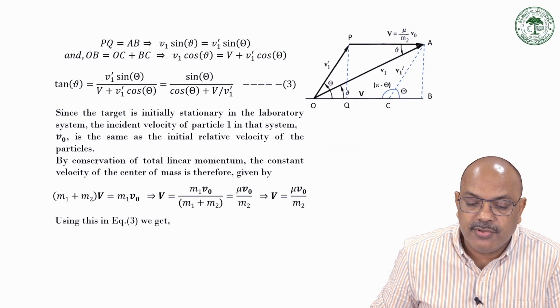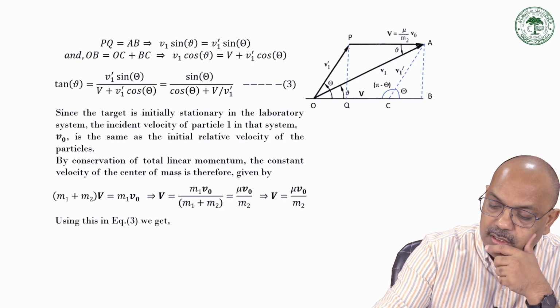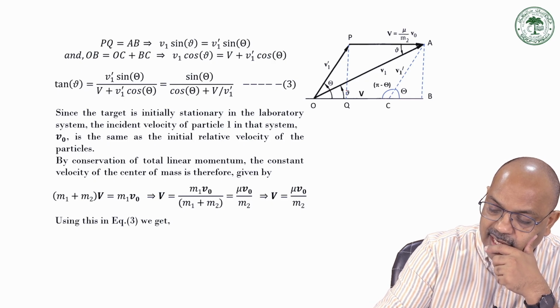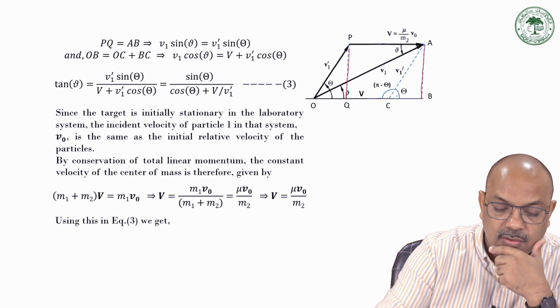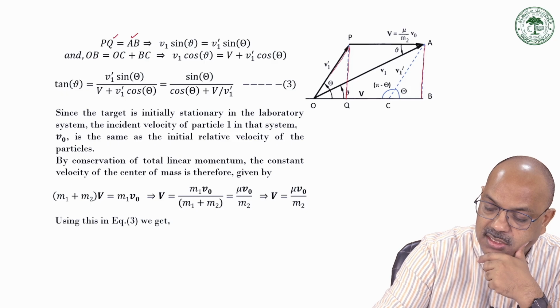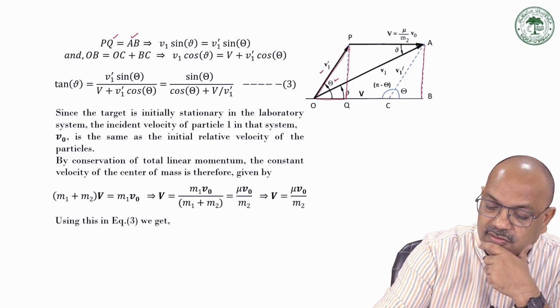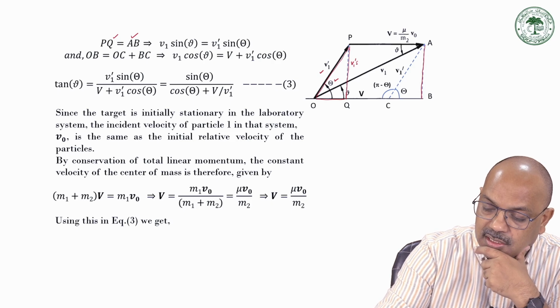Also from the figure we can figure out that if you draw a line from P to Q, this dashed line, PQ and AB are equal. Okay, PQ is AB, but this PQ is in this triangle with this theta, and it is going to be V1 prime sine theta.